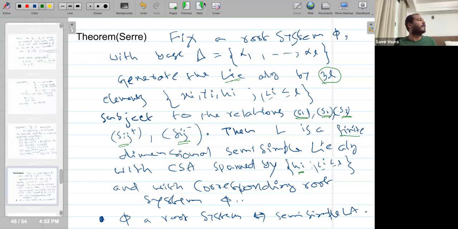So for every root system, we can go back to the semi-simple Lie algebra, or we can go forward to the Cartan matrix, and then the Dynkin diagram. The final classification is of simple Lie algebras in terms of Dynkin diagrams, which will come later.